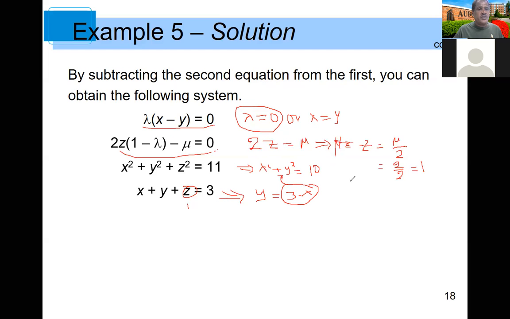So this becomes a quadratic equation, okay? So I'm just giving you a hint how you can complete this. Now you can find both x and y, okay?